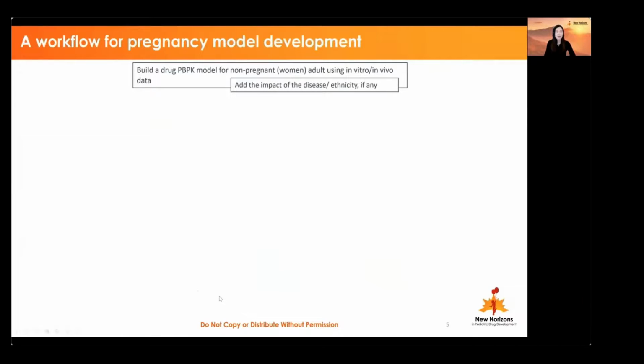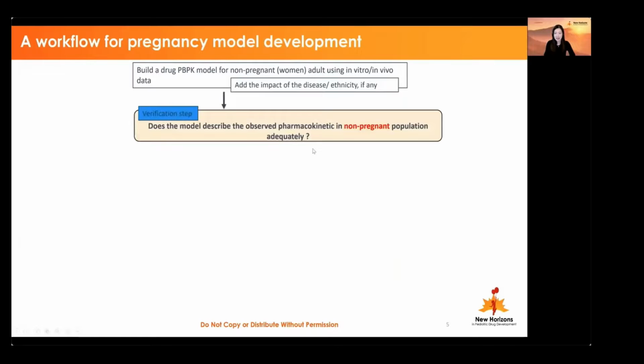A typical workflow for pregnancy model development looks like this. First, we start with building a drug model for the non-pregnant adult population using in vitro and in vivo data. And during this process, the impact of disease or ethnicity can be assessed if data are available.